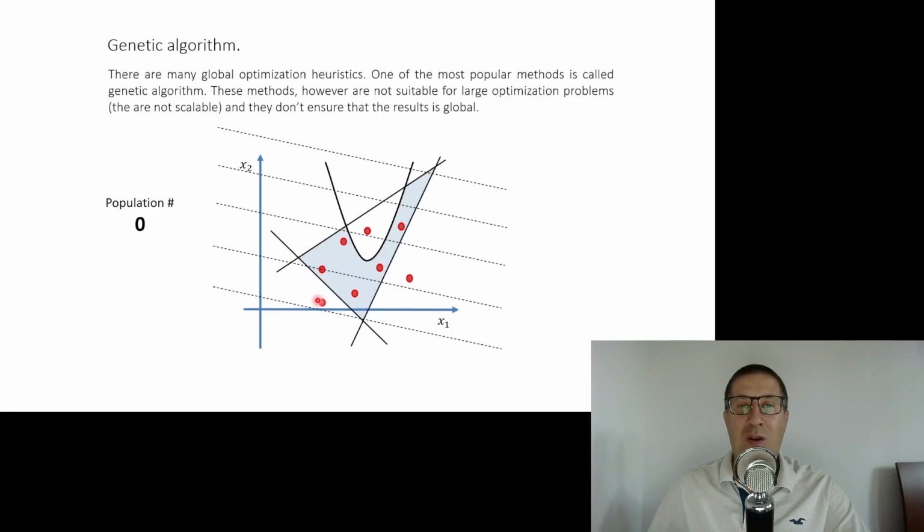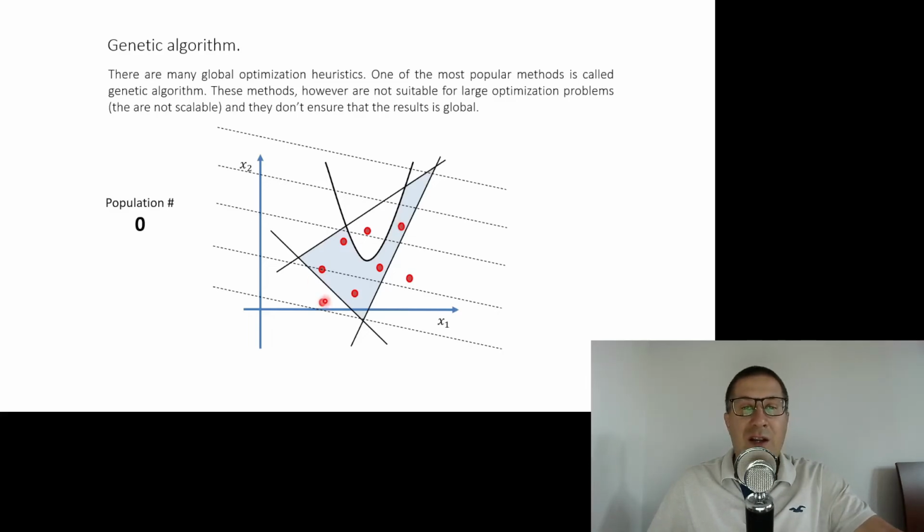So now when we know the scores of each individual, it's time for reproduction. It's time for another population. So two individuals can have kids, so they have to find a partner. Of course, the better your score, the better your objective function, the better your adaptation to the environment, the higher is the chance that you will find a partner and have kids and take part in the reproduction process.